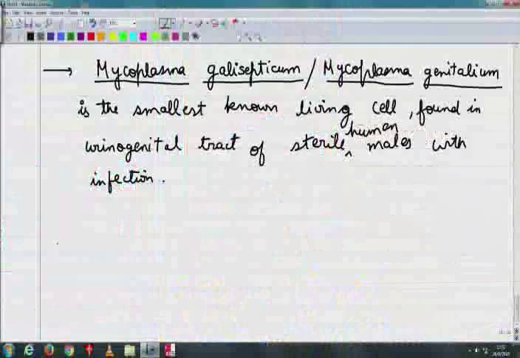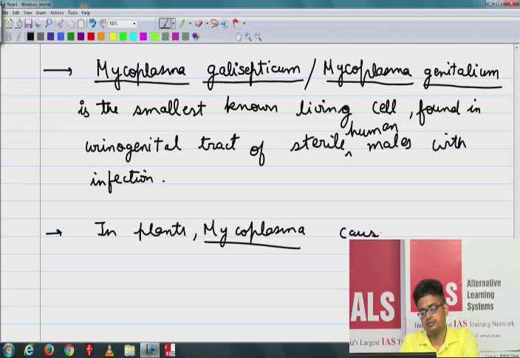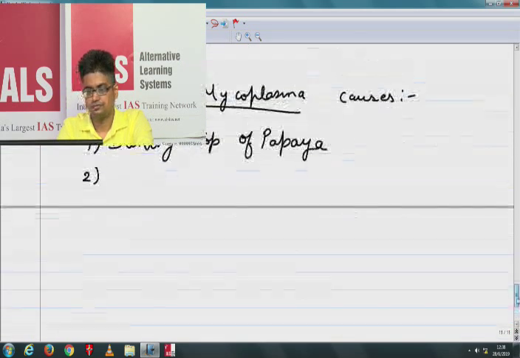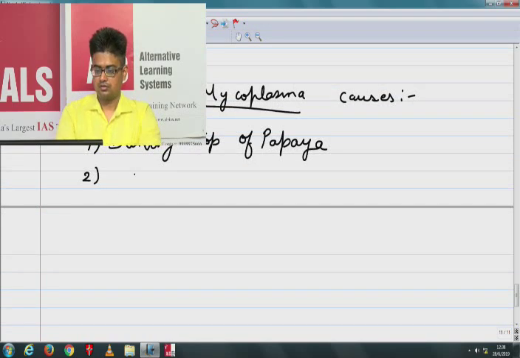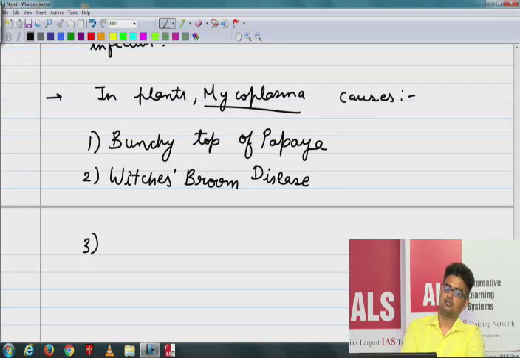In plants, mycoplasma causes bunchy top of papaya, second is witch's broom disease, third is leaf curl disease.